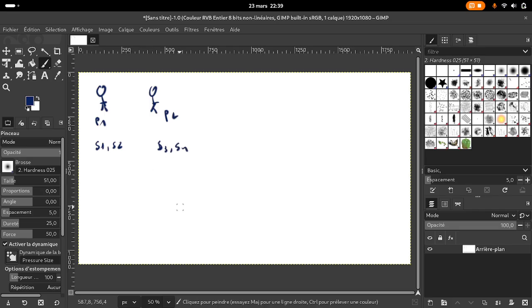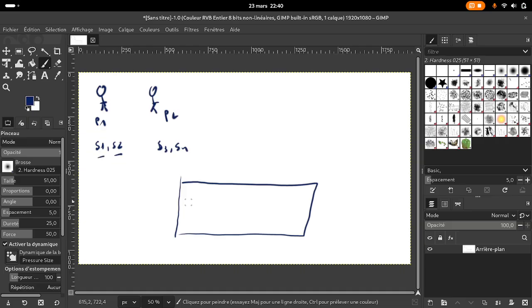We can represent the game frame with a table. Let's draw a table, with as many rows as the number of possible strategies of player 1.